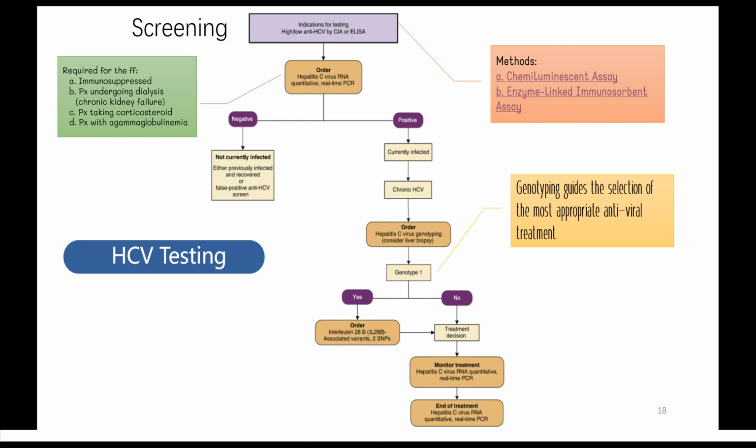The CC genotype of interleukin 28B, if the patient has the CC genotype, it indicates that the patient has good viral clearance, meaning the patient has the capacity to eliminate the virus even with short duration of treatment. So, effective ang viral clearance ng patient kapag ka CC ang kanyang genotype.